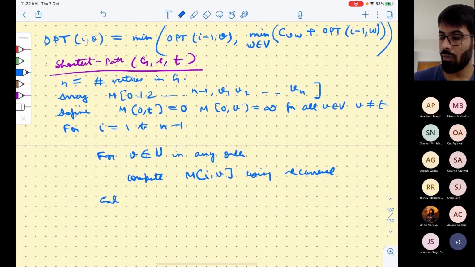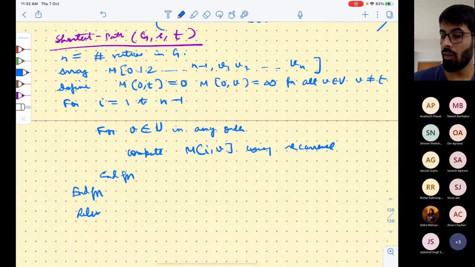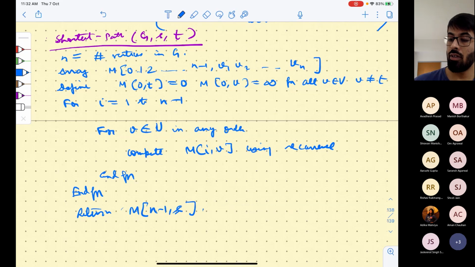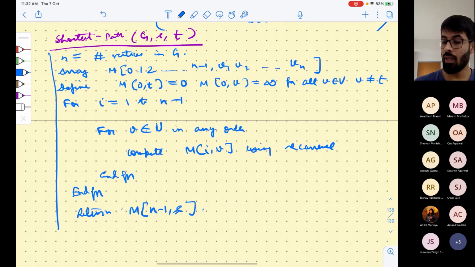And then return what we wanted, M of n minus 1 comma s. So this is the algorithm.